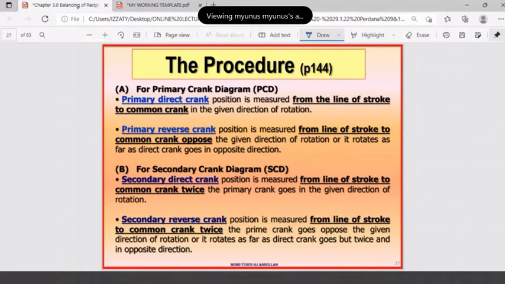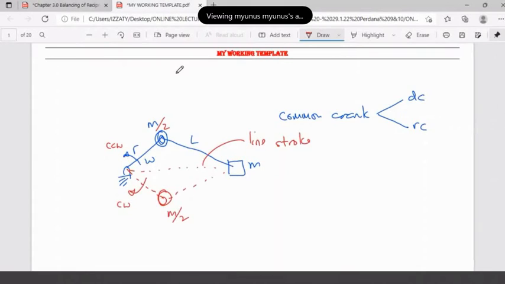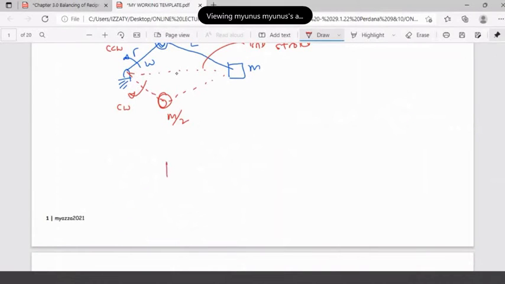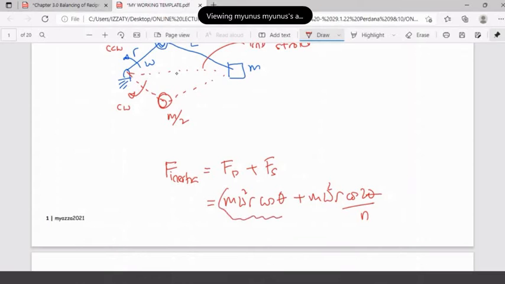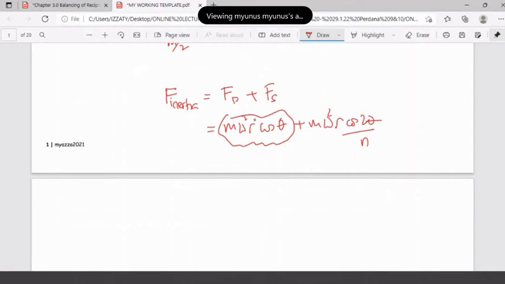Okay. Now, after you understand this one, look at here. Primary direct crank. Before that, we have another one. Just now, your initial force is equal to F primary plus F secondary, or in terms of M omega square R cos theta plus M omega square R cos 2 theta divided by N. Focusing on this one, F primary is, not F primary by the secondary, that's not correct.